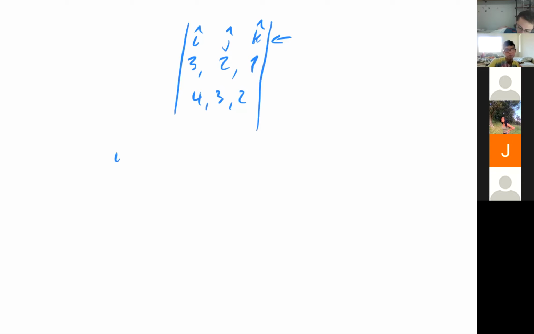Okay, so you take the determinant, and how do we do that? You do i hat times (2 times 2 minus 3 times 1). And then we do minus j hat, because remember it's an alternating sum up here. So minus j hat times (3 times 2 minus 4 times 1). And here, remember, we're just taking minors.